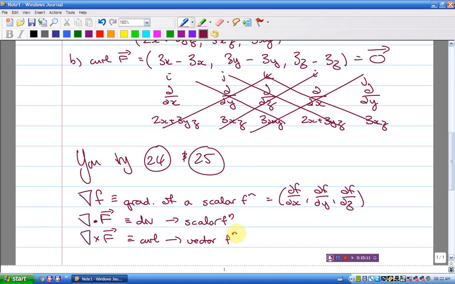Okay, and so that little triangle, we've used it in 3 senses now. When we're applying that little triangle symbol to a scalar function, we typically use a lowercase f, and we don't have a dot or a cross. And the thing it produces is obviously a vector function. So be careful of that little triangle story. If you're putting it in front of a scalar function, you don't need a dot or a cross, and the thing that you get out of it is a gradient vector.